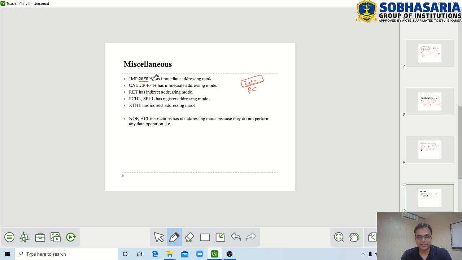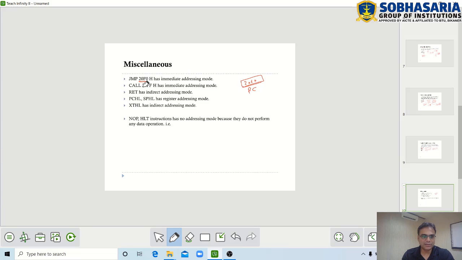And we have understood, we have seen that whenever the data which is participating is written right next to the mnemonic, such an instruction will have an immediate addressing mode, right? So that is the reason why this instruction is having immediate addressing mode.